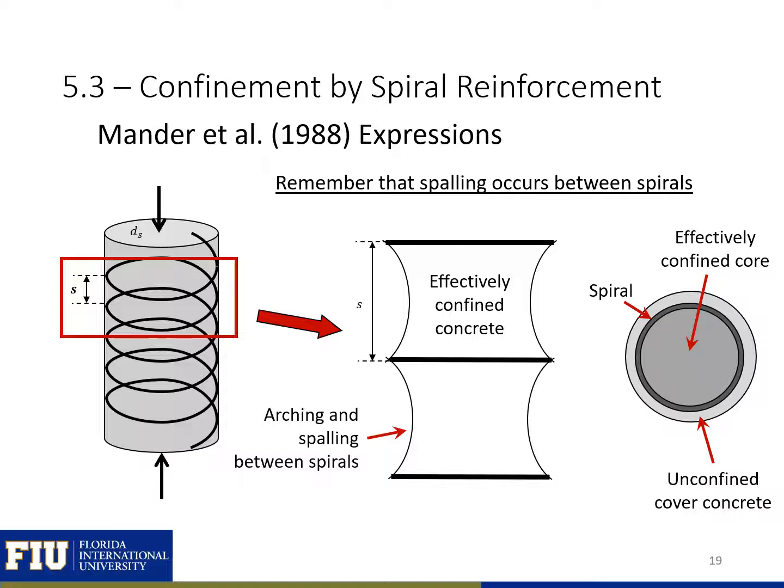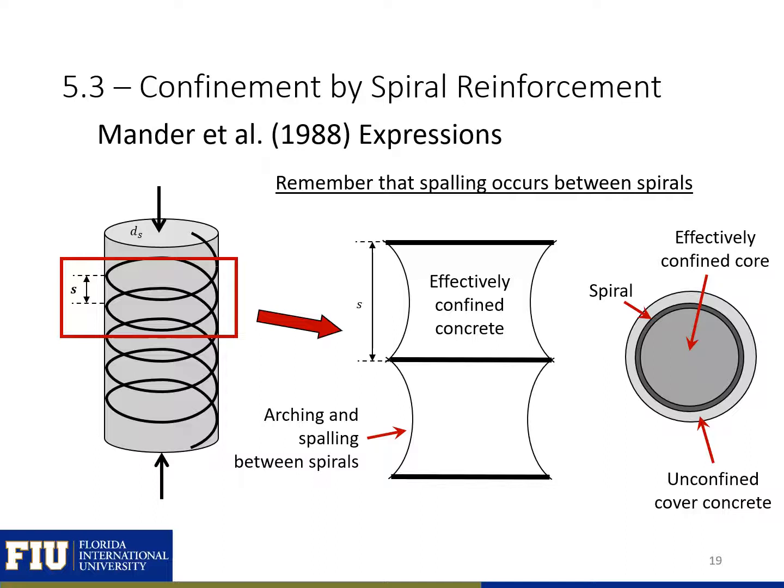Now we're going to walk through the Mander et al. expressions that take into account confinement and allow us to find a stress-strain curve for confined concrete. The first thing that I wanted to remind us of is that spalling occurs between spirals. So we're going to have some kind of effectively confined concrete width at the location of our spirals, but that effective confined concrete width is going to decrease between our spirals.